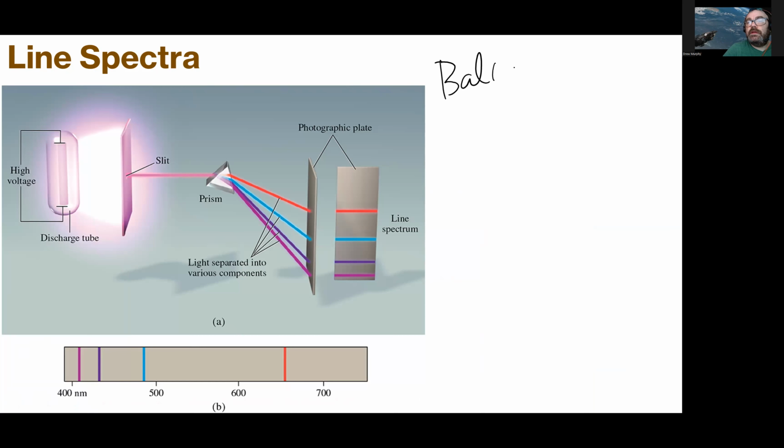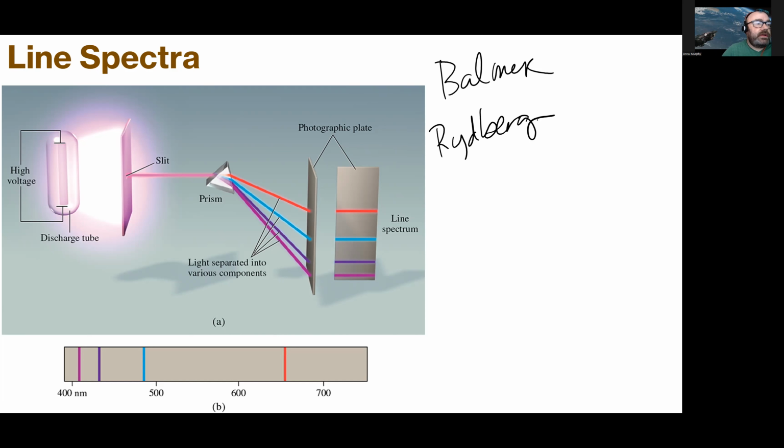Balmer. Balmer developed an equation that explained the visible lines of the hydrogen spectrum. A little bit later, Rydberg came along and defined an equation that did all of the lines of the hydrogen spectrum, not just the visible ones.